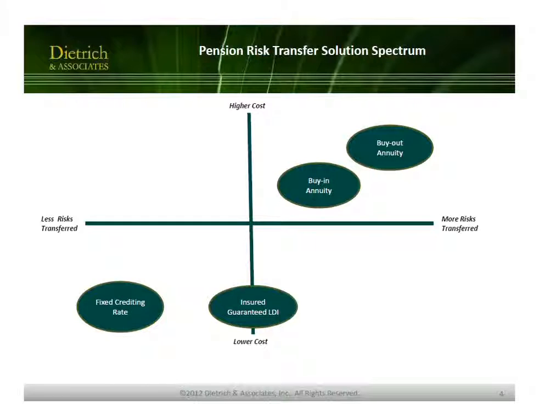And then the last solution here in the lower left-hand corner is just traditional fixed crediting rate products. These are products that insurance carriers have had for a long time. But when you think about them through the lens of pension funding, they're really a short or intermediate bond alternative.